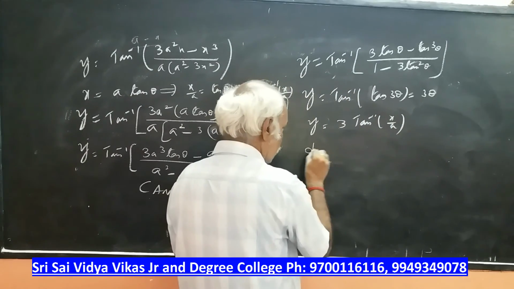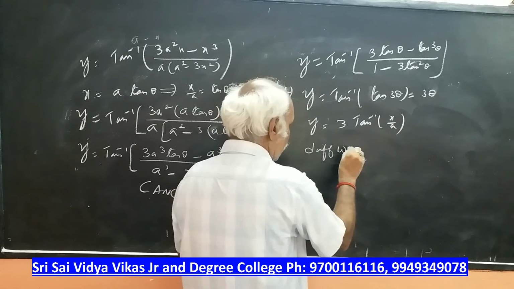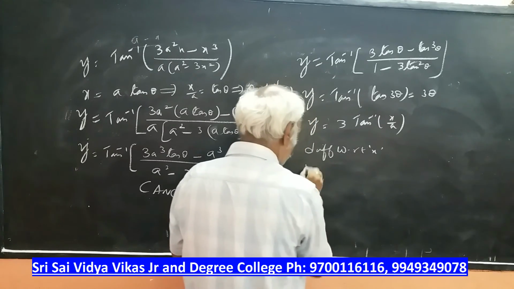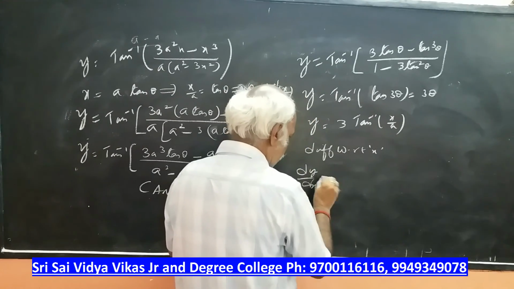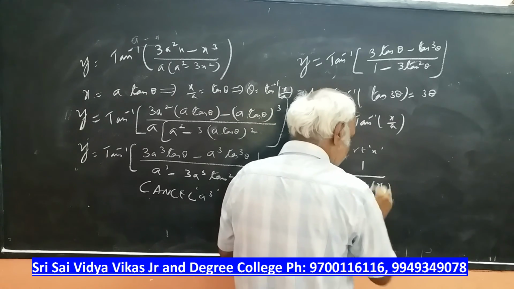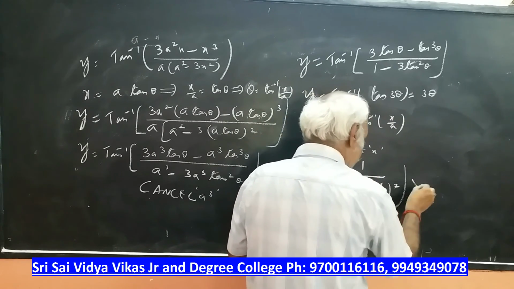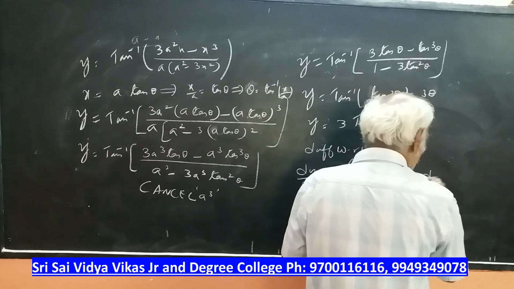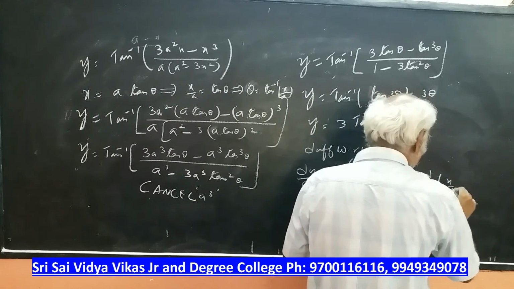Now differentiate with respect to x. So dy by dx is equal to 3 into, derivative of tan inverse is 1 by 1 plus whole square, into, chain rule we have to apply, d by dx of x by a.